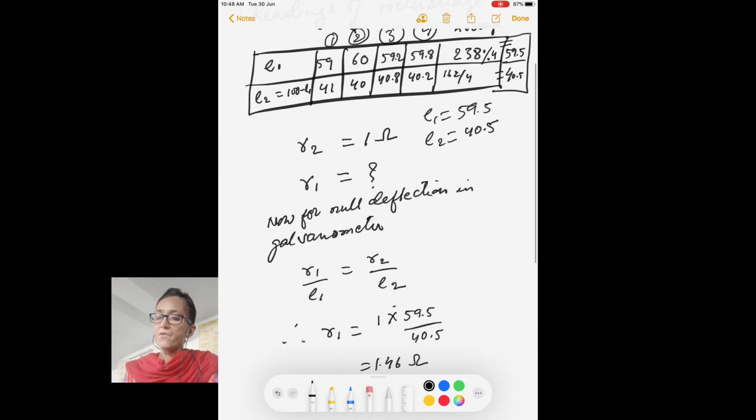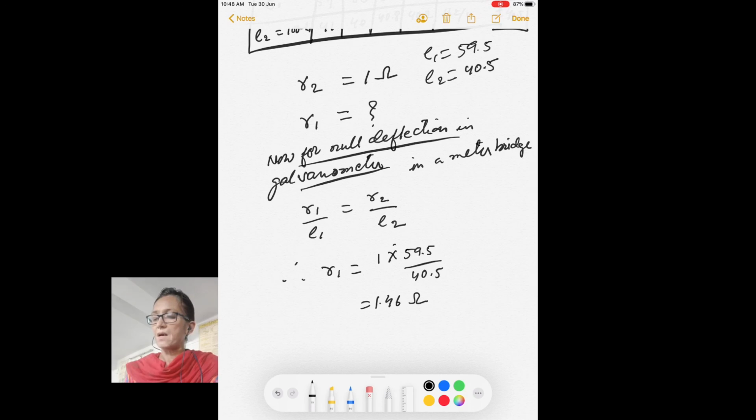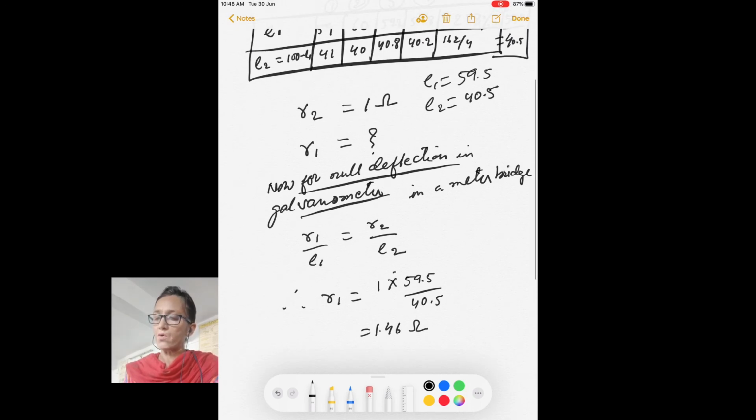Now, for null deflection in the galvanometer, we know that in a meter bridge, R1 upon L1 must be equal to R2 upon L2. I put in the values of all the known things to obtain R1.